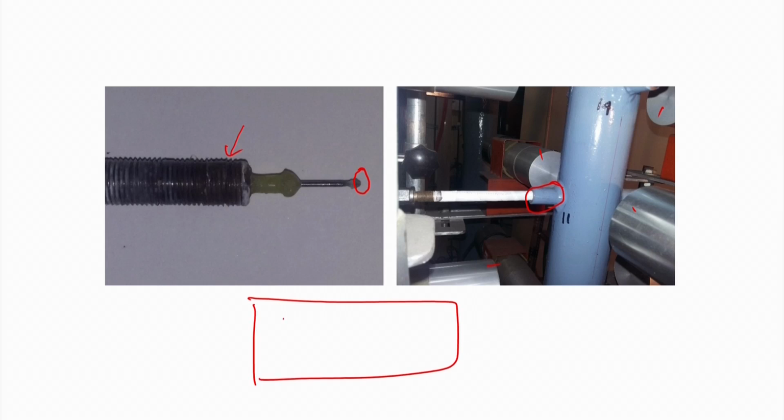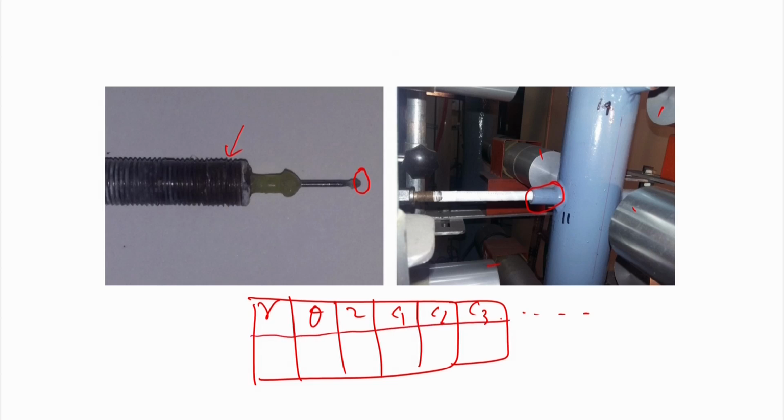It means I will have an r, theta, z, and I will have C1, C2, C3 and so on for all detectors, showing how the counts change for r, theta and z. Then I will move this thread further, so the particle will move further inside. It means I changed the position of the r. Again I will record the count on each detector.